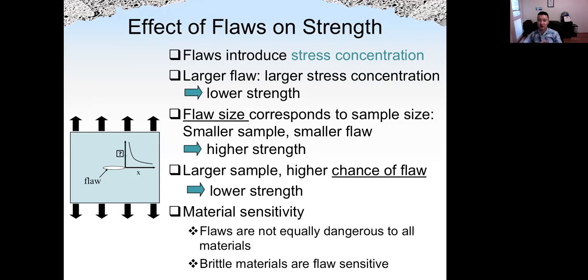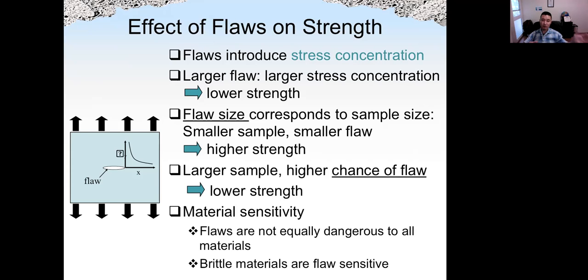We talk about stress concentration, and we know in ITZ we could have stress concentration because of the different E value between cement paste and the aggregate. Flaws, such as big air voids, also introduce stress concentration. The larger the size of the flaw, the larger the stress concentration, and the lower the strength.